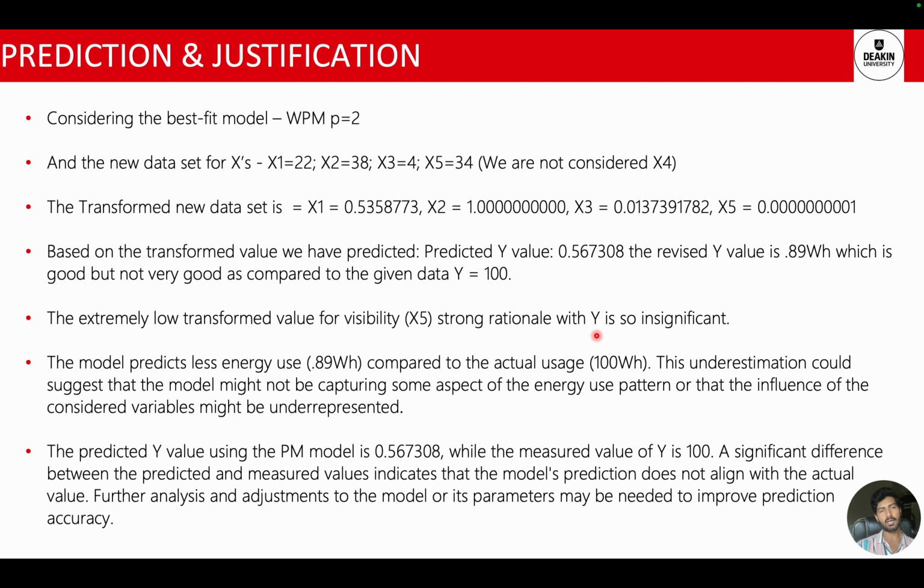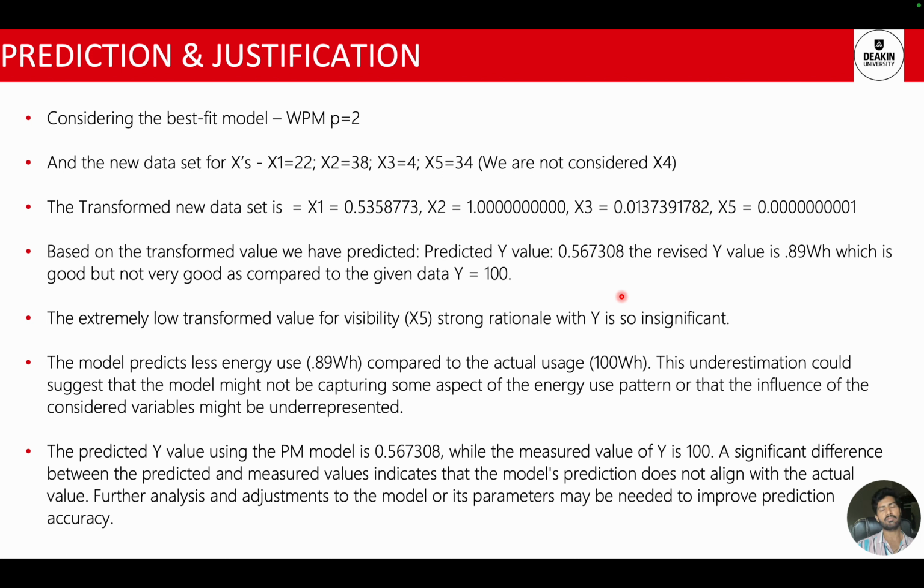However, in the visualization part, it had a very strong correlation with y, but here it is the opposite, and it is very insignificant to y. We can also see that after transformation, the predicted value comes to around 0.567, and when we do a reverse transformation to get the original value of y, it comes to 0.89 watt hours, which is again very insignificant.